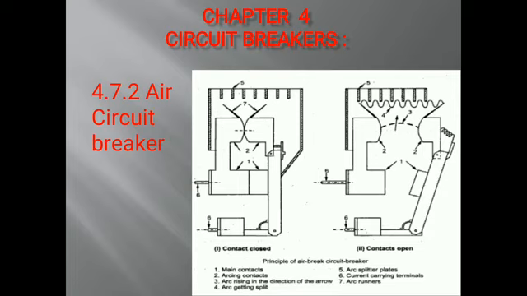Working of air circuit breaker. During normal condition, the contacts remain in closed position. Whenever fault occurs, tripping signal makes the circuit breaker contact to open and the arc is drawn in between the contacts.